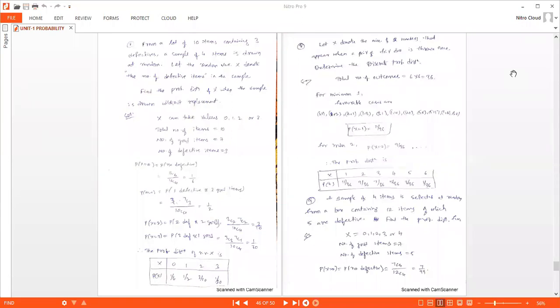For minimum 2. Minimum 2 means the favorable cases with 2 as the minimum number.